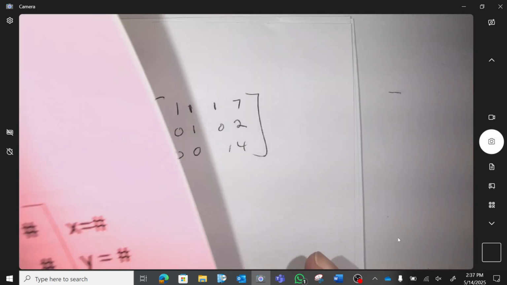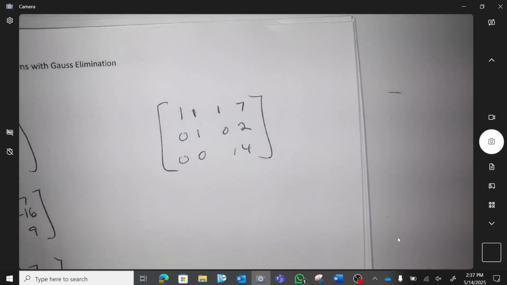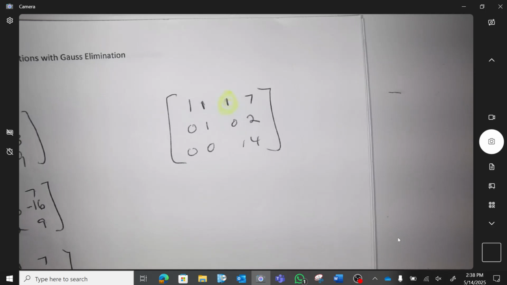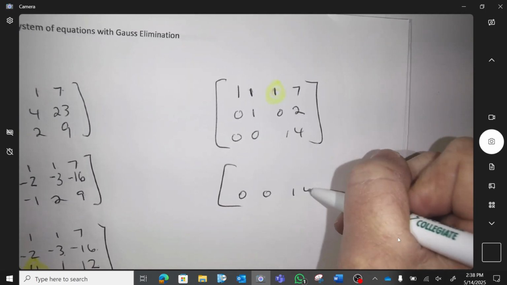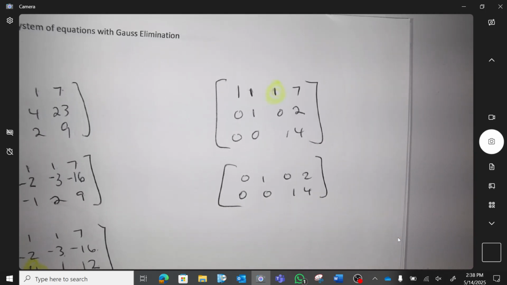Okay, here we go. 7th, 0 this one. Okay, so I'm already going to copy the bottoms. Okay, how are we going to make a 0 there?